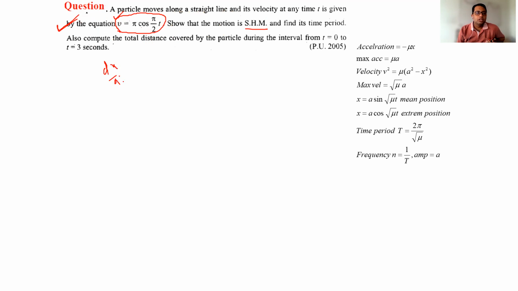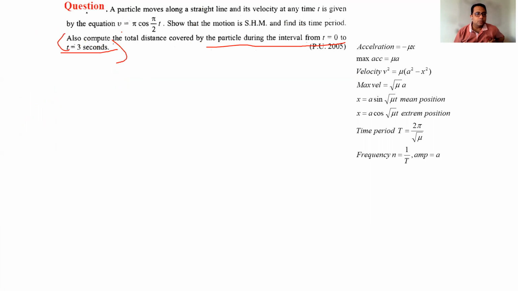To prove the motion is simple harmonic, again we will show that acceleration is equal to minus mu x. And again we have to find the time period. Also compute the total distance covered by the particle during the interval from t equal to 0 to t equal to 3 seconds. This is the main thing which is different from the last question.